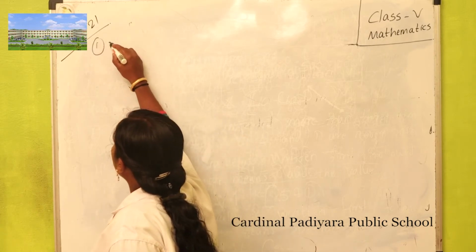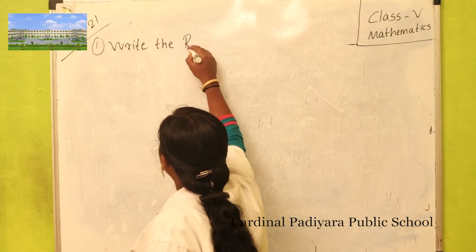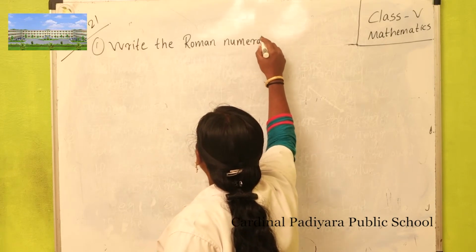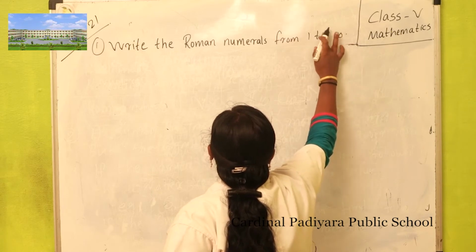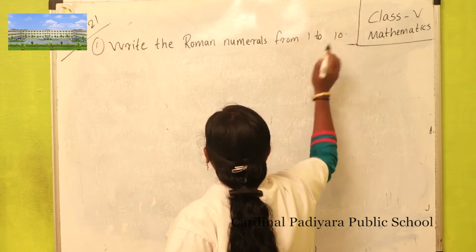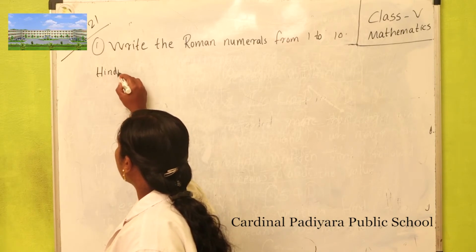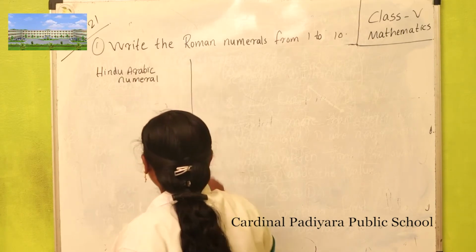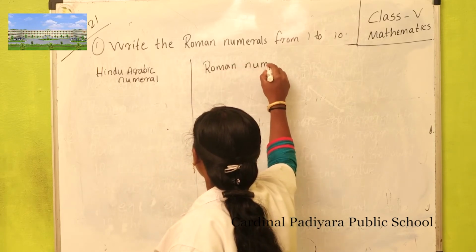Question number 1, write the Roman numerals from 1 to 10. Hindu-Arabic numeral, then Roman numeral or Roman numbers.